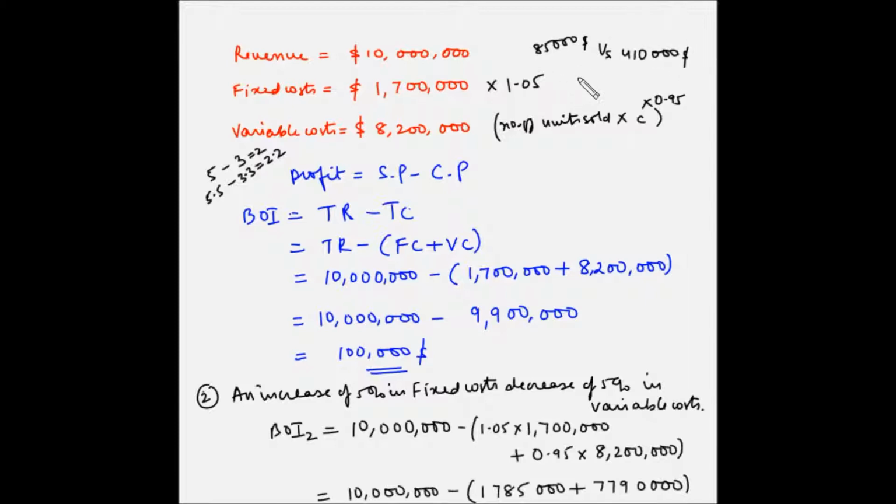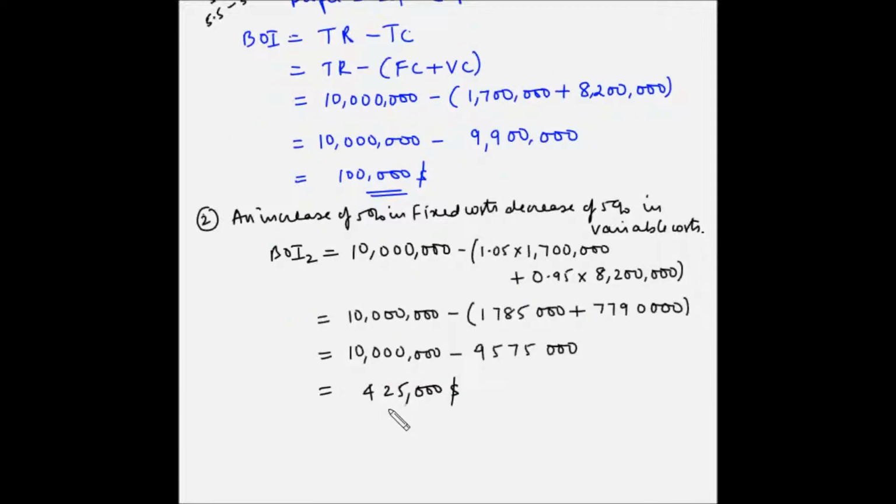So therefore the total cost has reduced by $325,000, which means that the total budgeted operating income will increase by $325,000, which is what has happened. So 100,000 was the original BOI, and plus 325,000 becomes 425,000, and that is what we got here. So this is how you can analyze the impact of increase in fixed cost and decrease in variable cost on the budgeted operating income.